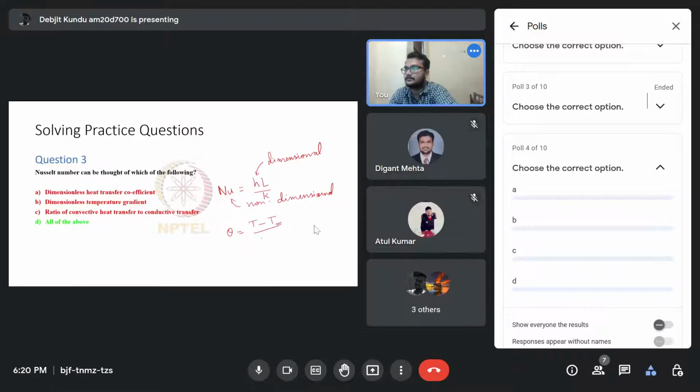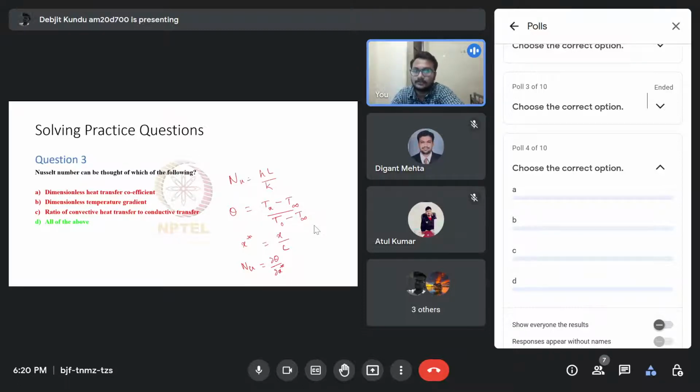Let's say T at certain x minus, sorry, if we try to non-dimensionalize the temperature in this way, and we non-dimensionalize the length scale as well in this way, then we can see that if we properly solve it, it was shown in the slides in the lecture, this Nusselt number boils down to the non-dimensional form of the temperature gradient as well. So that is why option B is also correct.